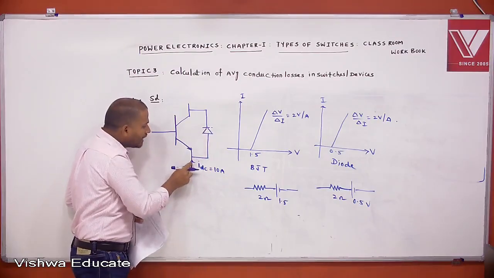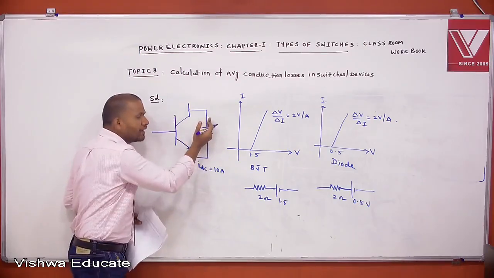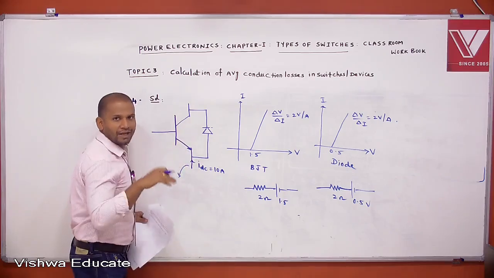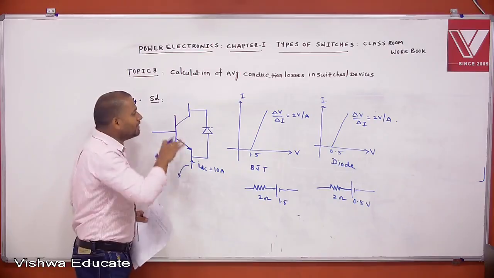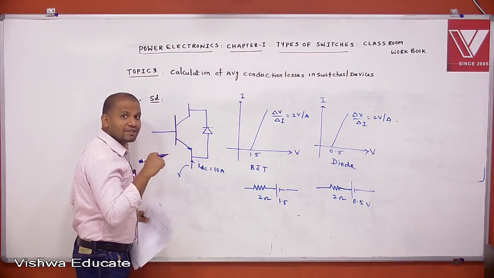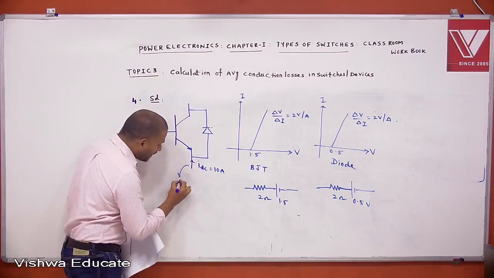The BJT cannot allow current in the reverse direction, so it is the diode that is conducting. It is not mentioned whether to calculate for the BJT or the diode. Which device is conducting? First you want to identify it, based on current direction.